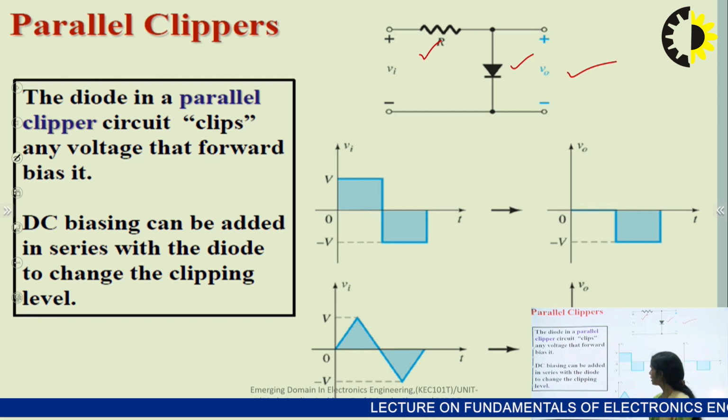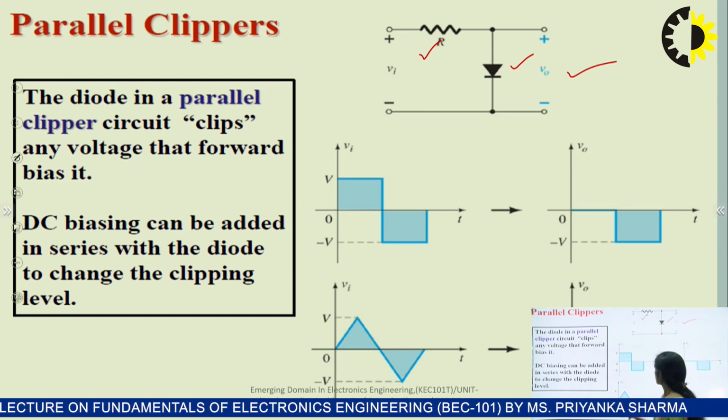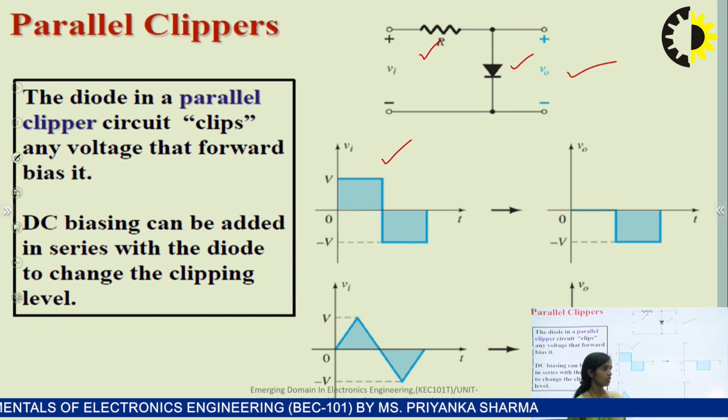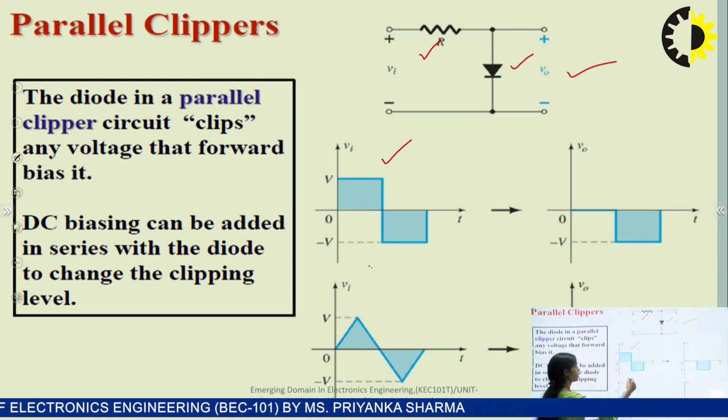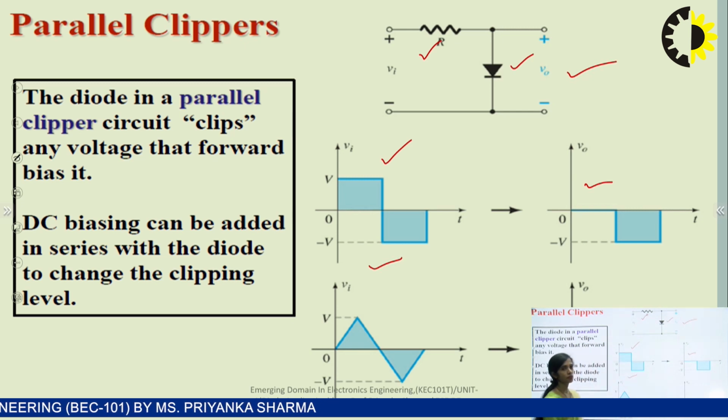So again it can be of two types, positive clipper or negative clipper, and we can also make the parallel clipper in bias clipper condition. So one by one we are going to study here. If I am applying the square wave, we can clip the positive cycle, we can clip the negative cycle also.